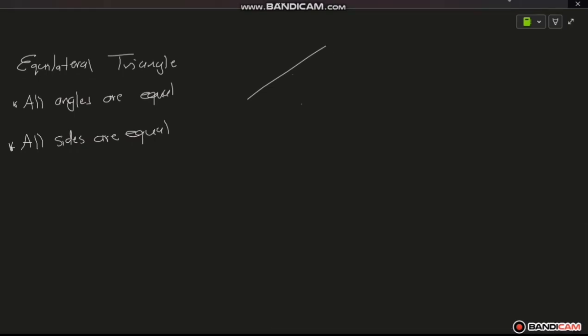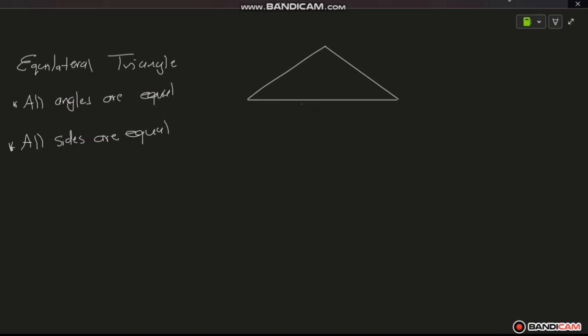This is very important information that you, as a grade 8, grade 9 or grade 10 learner, must know. Even your siblings who are in grade 12 and 11 must know this, but they don't. So do not neglect it. All angles are equal, as I've indicated, and all the sides are equal.